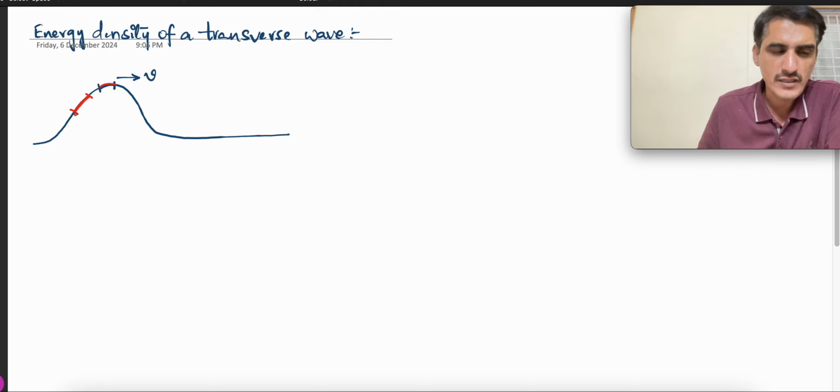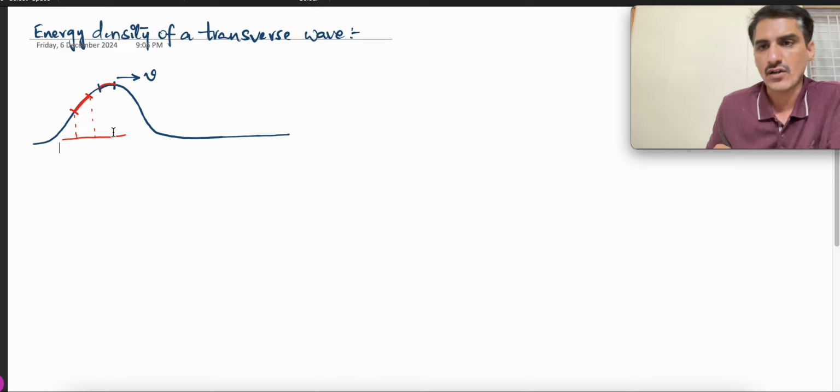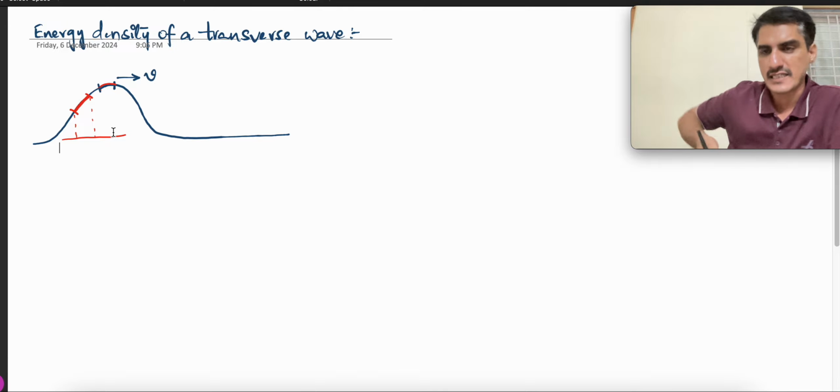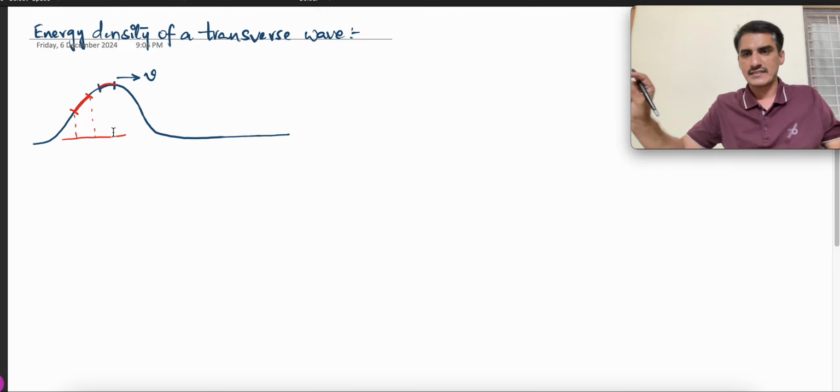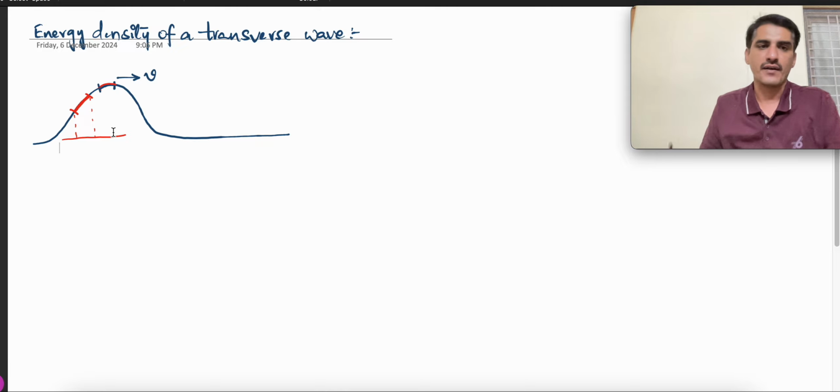Usually before this it was flat. Am I right or not? Before a pulse is generated, it was flat actually. The rope is kept on a horizontal surface. It was flat. Okay.